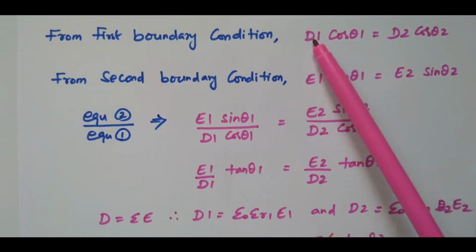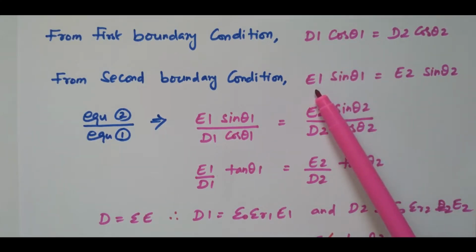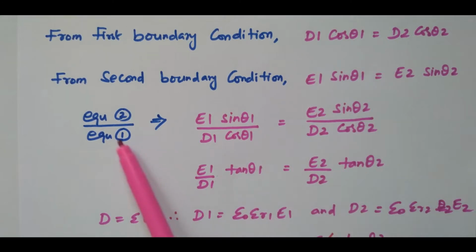This one is displacement density, this one is electric field intensity, right? Dividing equation 2 by 1, we get E1 sin theta 1 divided by D1 cos theta 1 equal to E2 sin theta 2 divided by D2 cos theta 2. Right? So E1 divided by D1 times sin theta 1 by cos theta 1, which is tan theta 1, equals E2 divided by D2 times sin theta 2 by cos theta 2, which is tan theta 2.